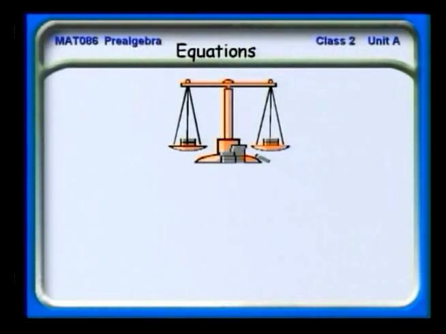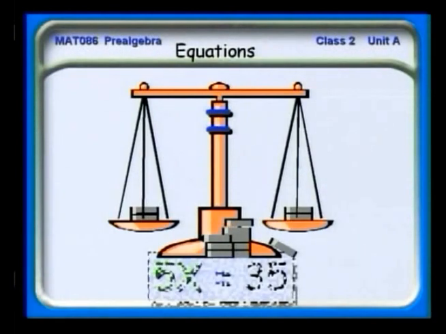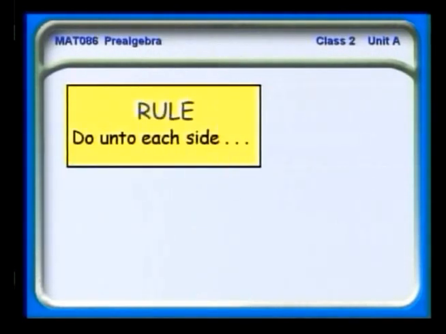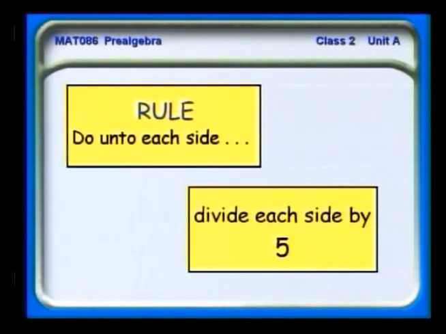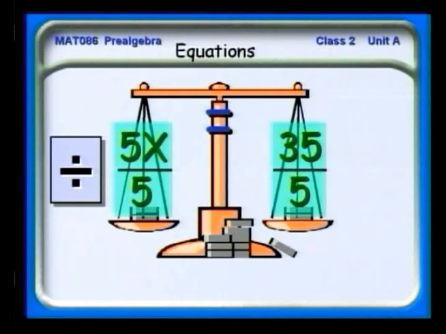Now you can also use division doing equations. So for example, suppose we have 5 times x equals 35. So just like we did before, we'll put each of those quantities on either side of the balance and think of the pivot as an equal sign. And remember what we need to do, we have to do the same thing to both sides of the equation. We need to divide both sides of the equation by 5.